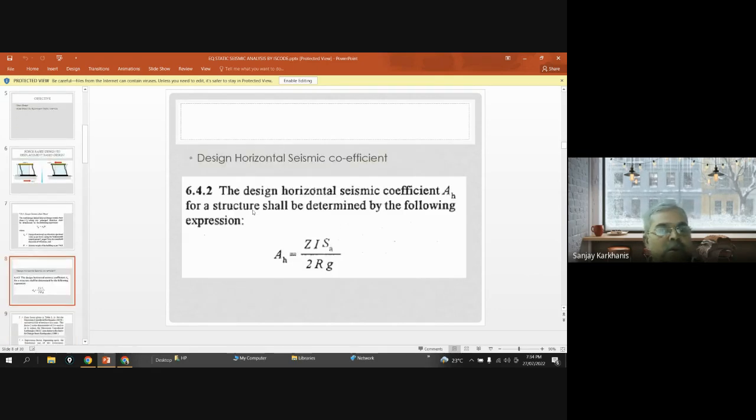AH can be calculated by this formula, and you can write it as Z by 2 into SA by Z divided by R by I, as per our new code convention, but it is usually the same.